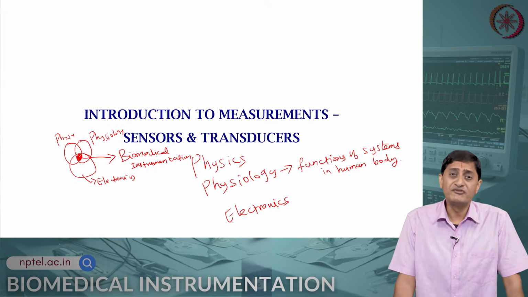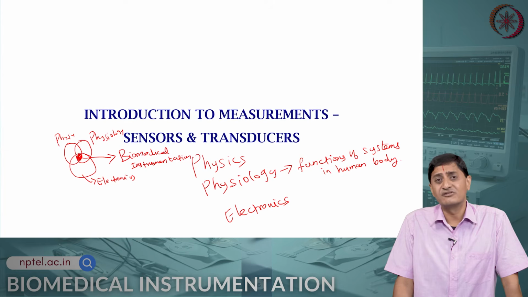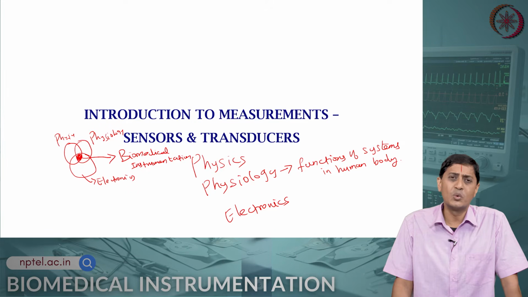However, before entering into a discussion of measurement of any physiological system, I promise to give you a relatively brief overview of that system. By no means is that overview exhaustive.